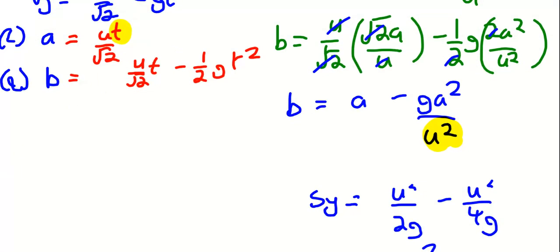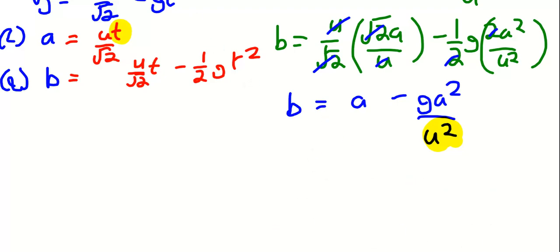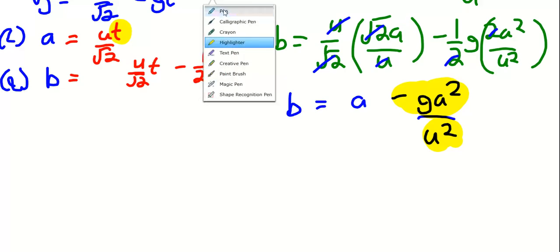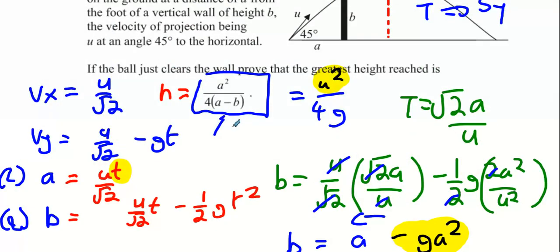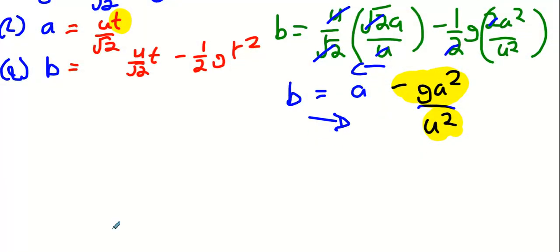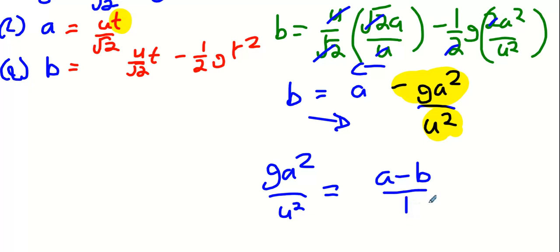I'm going to grab this whole fraction and send it to the left, and send the b to the other side. That sets up the a minus b, lovely. So you get ga squared over u squared equals a minus b all over 1.